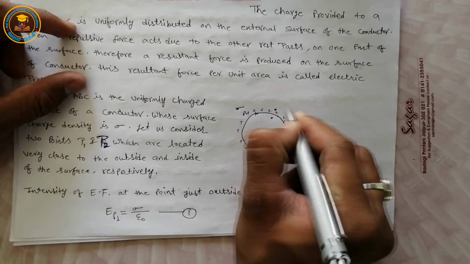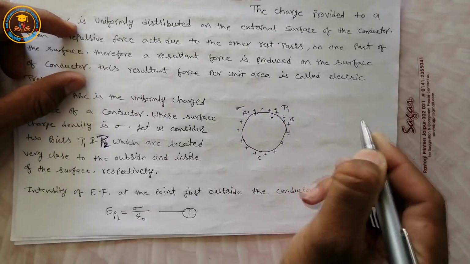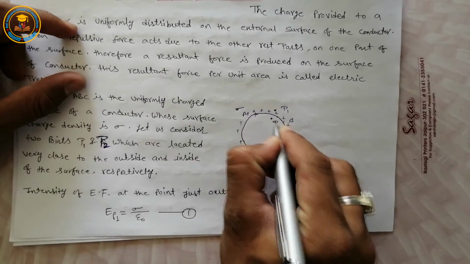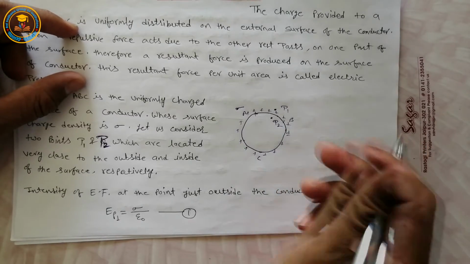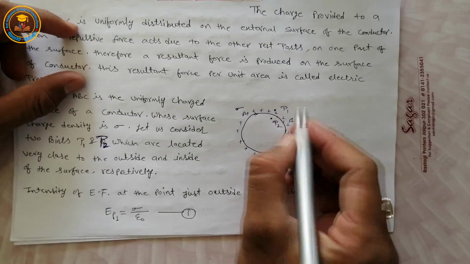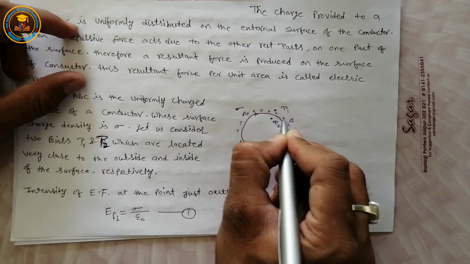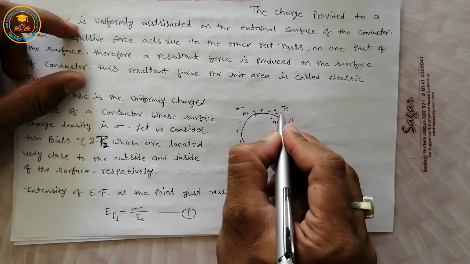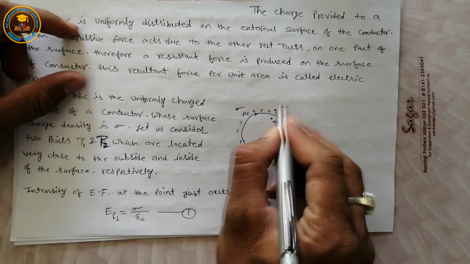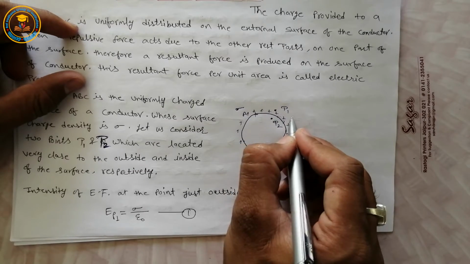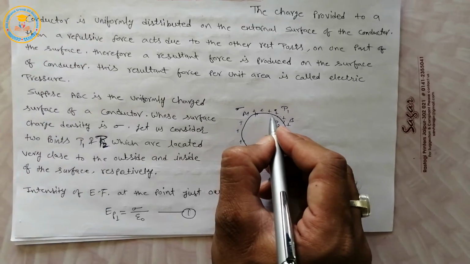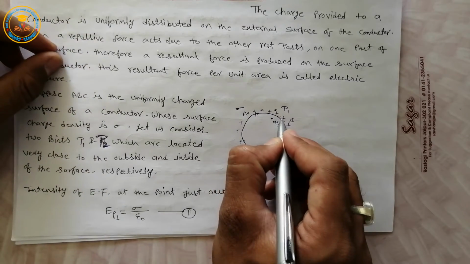Here at outside, point P1 is placed, and inside, point P2 is placed. These points are located very close to this surface. We can say that the electric field at this point P1 is equal to the electric field on the surface.